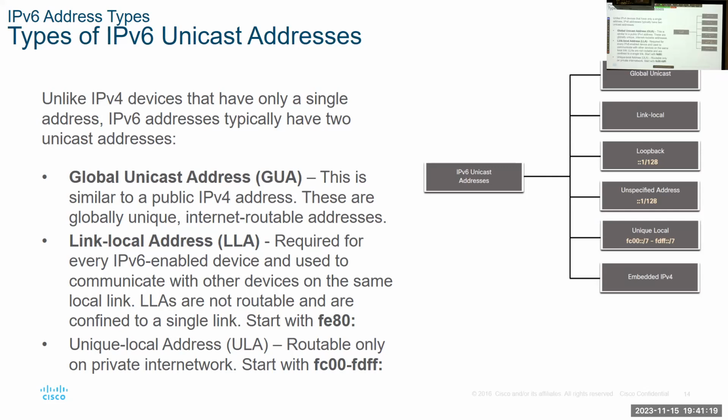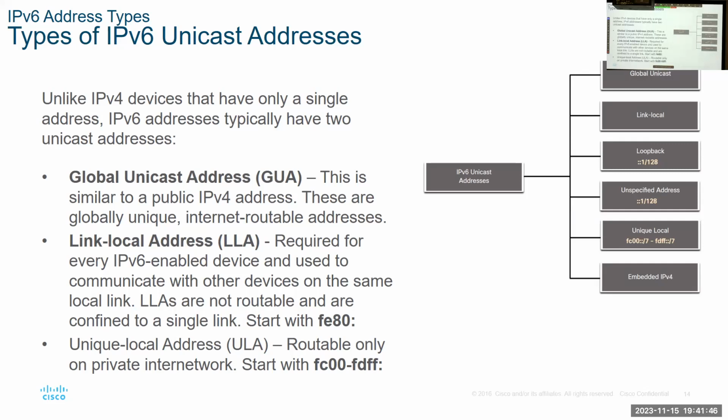Because the most current thought is that link local addresses are always going to be there. Every device has them. But once you go to IPv6 for real, you're going to use global unicast addresses. If you want to play around in your internetwork with unique local addresses with IPv6, that's what the purpose is.